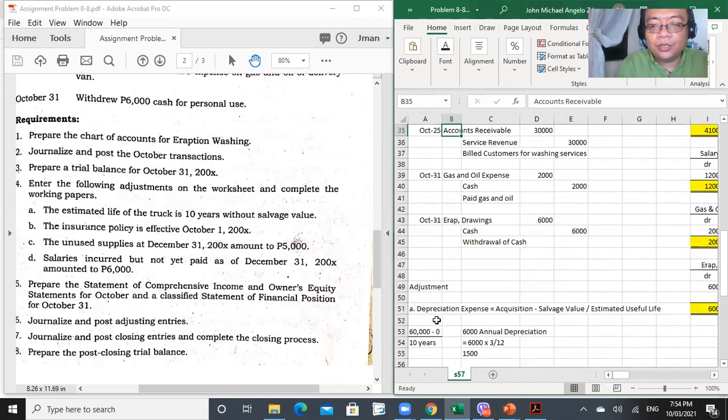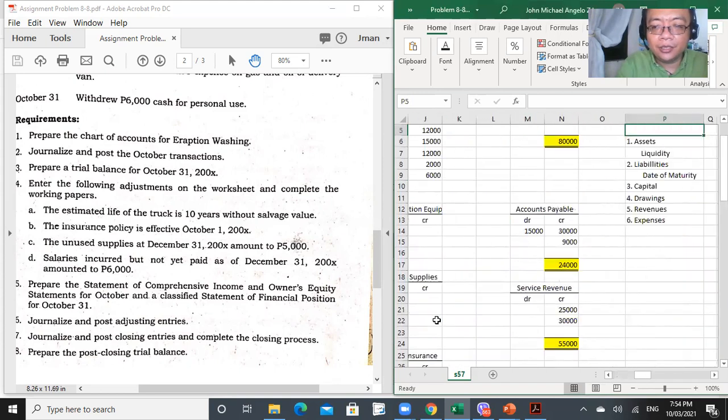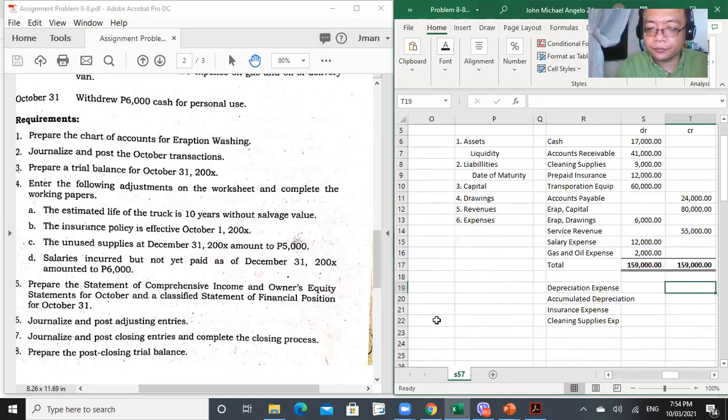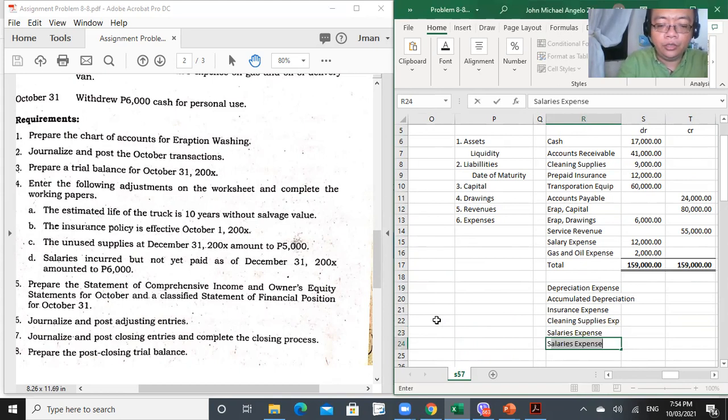So meaning just put it here: salaries expense, and you have your salaries payable. Ayan. Sorry, there's already salaries payable here. Salaries expense here, right?